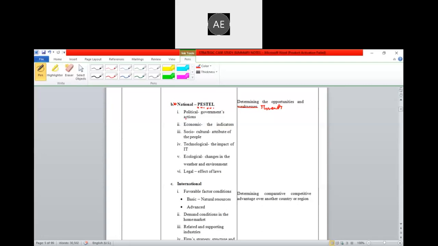Now, let's say we look at the demographic factors. Per the statistics, we can say that about 70% of Ghanaians are aged. So if 70% of Ghanaians are aged, then obviously that will be our opportunity because that is what we are into.